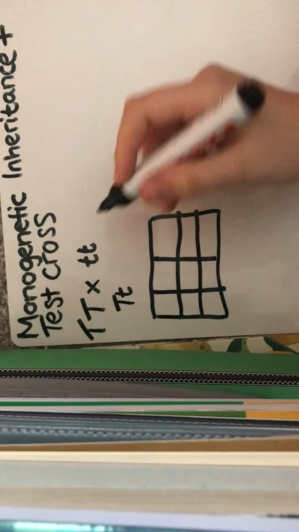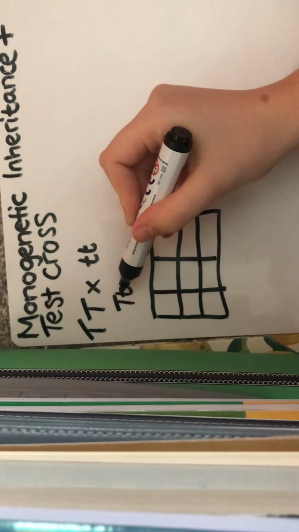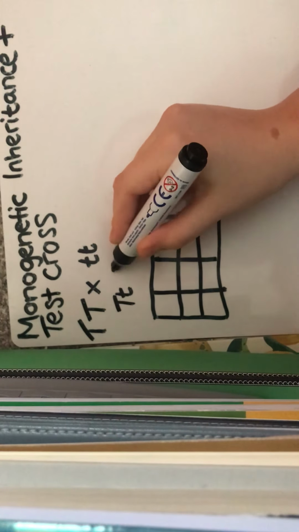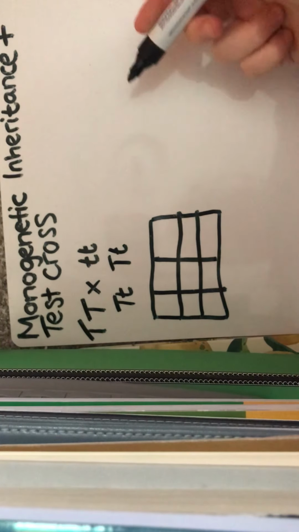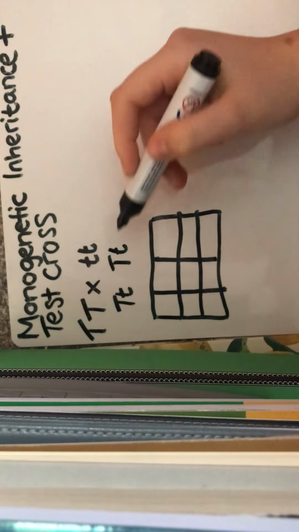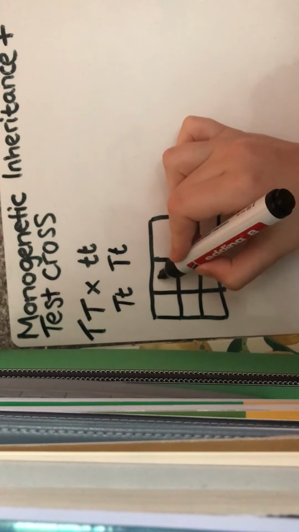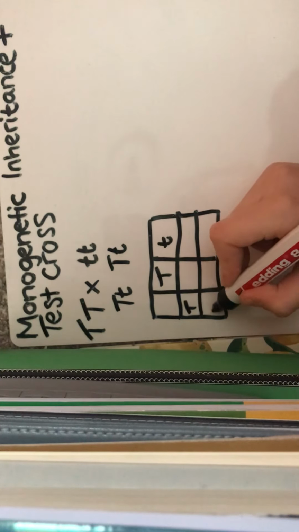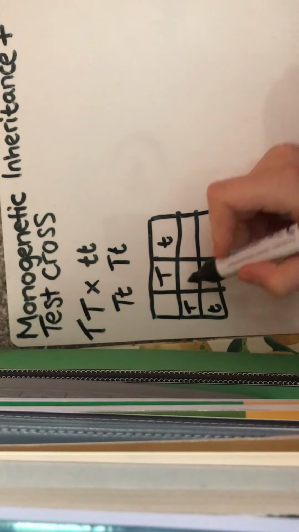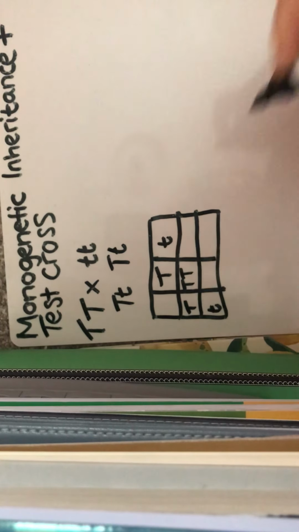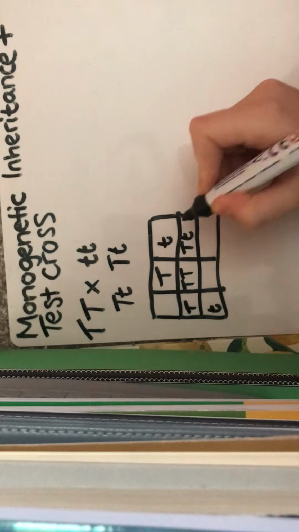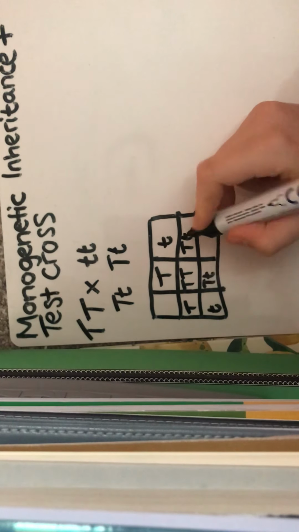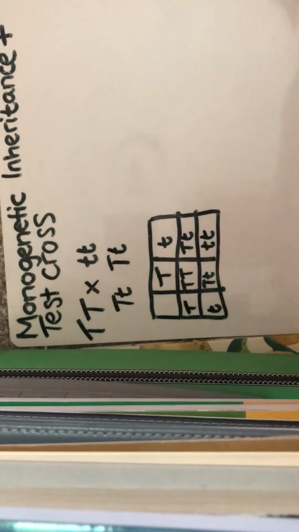So we've got our gametes. We know that if both parents are T heterozygous, the gametes are going to have dominant and recessive. That's for both of them, and we can see big T big T, big T little t, big T little t, and two little t's there.